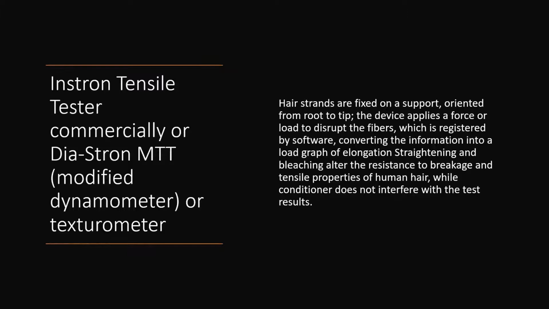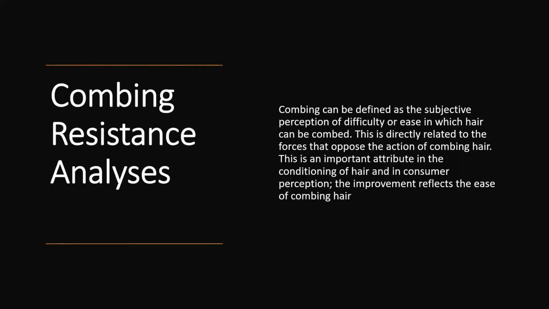Certain cosmetic activities like straightening or bleaching alter the resistance to breakage and the tensile properties of human hair, whereas other hairstyling activities like the use of conditioner do not interfere with the test results.